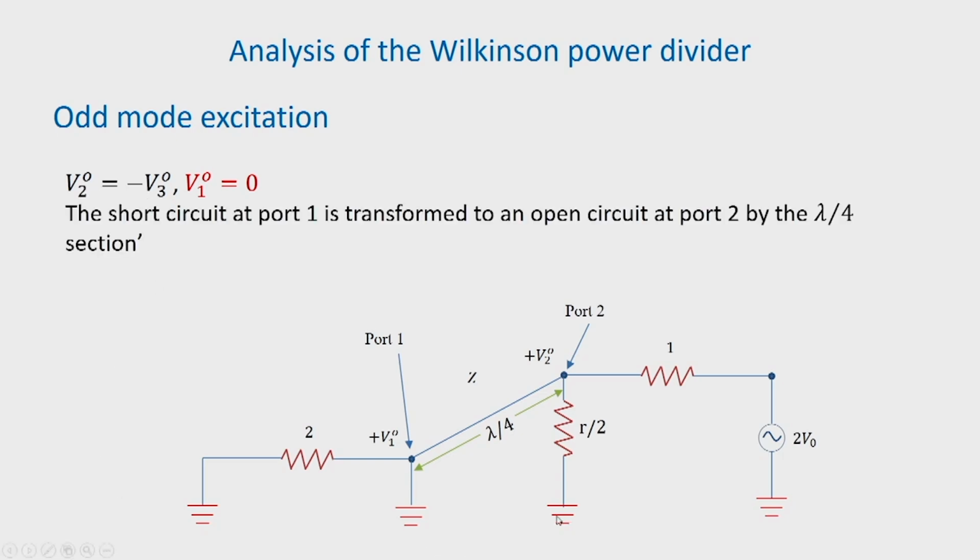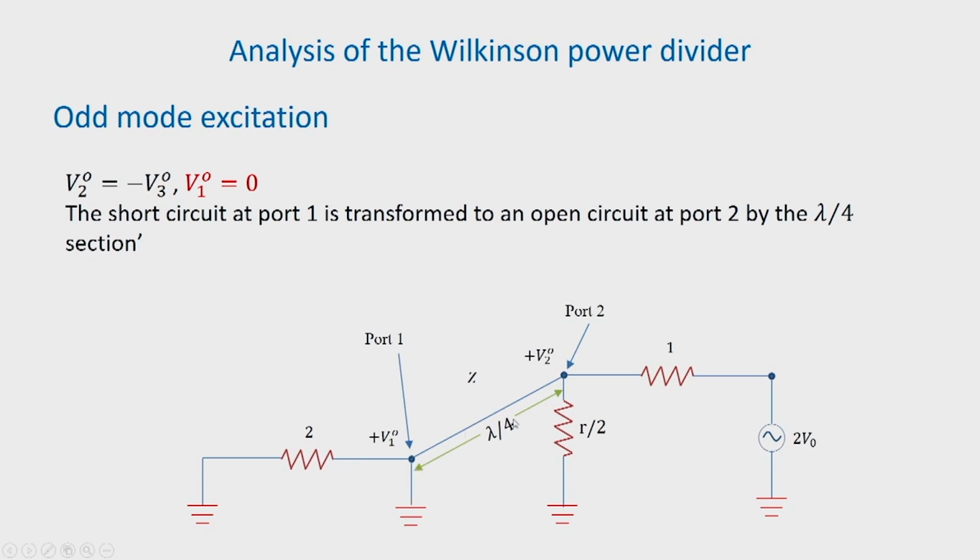Next, when we calculate the input impedance here at port 2, this short circuit at port 1, this is anyway short circuited. So, it will not contribute this 2 ohm resistance. This point is short circuited.